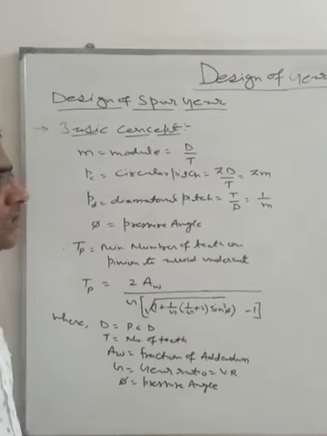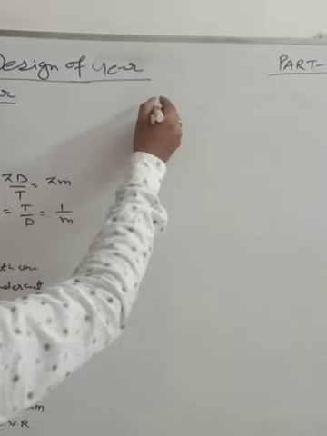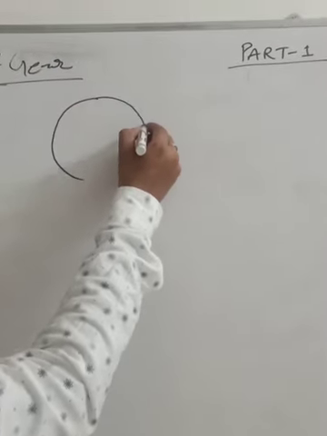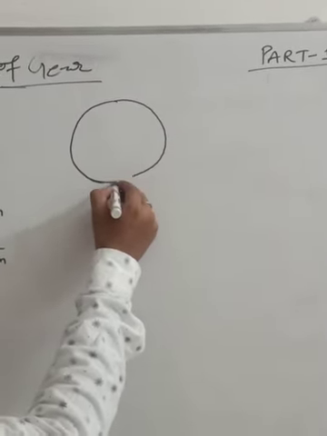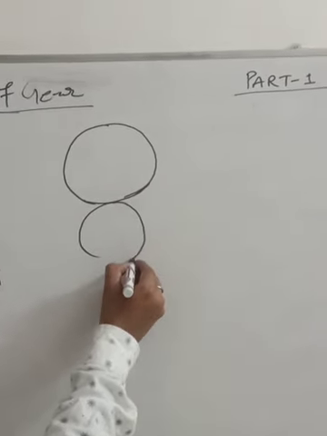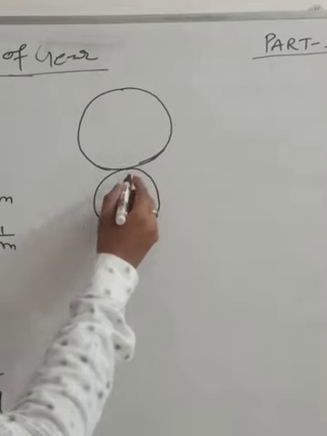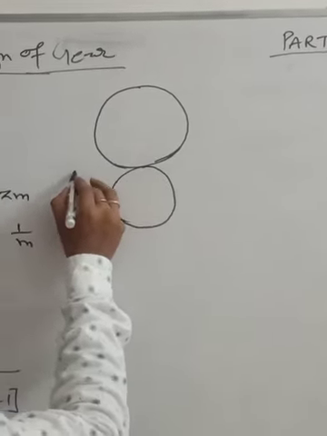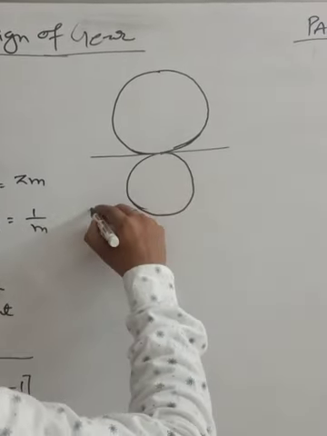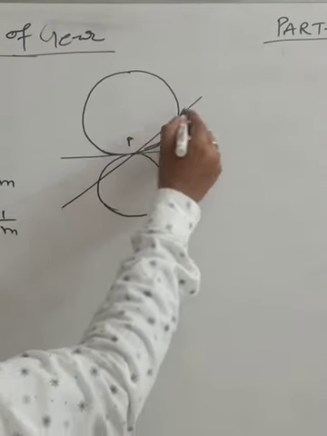Now the next concept is the law of gearing. You all know that in case of gear meshing, if the two gears are in meshing, their pitch circles have a contact, which is known as the pitch point, and the common tangent and common normal pass through this pitch point.